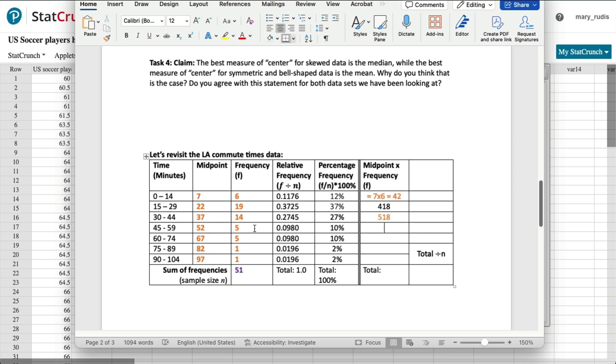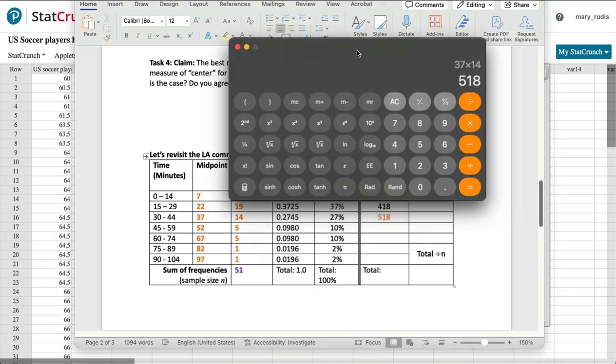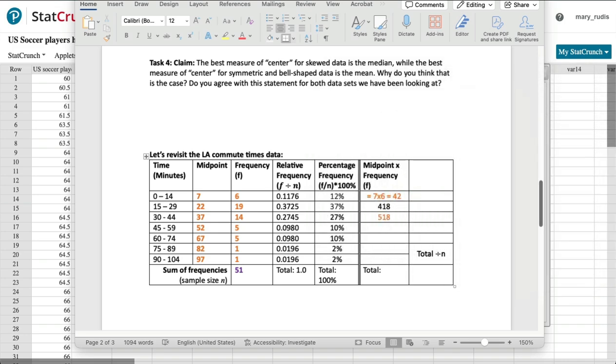Okay, and then let's do the last bunch here. So 52 times 5. That's 260.